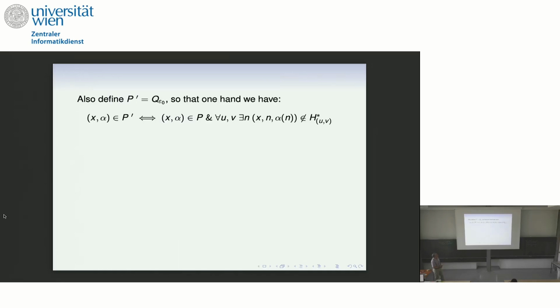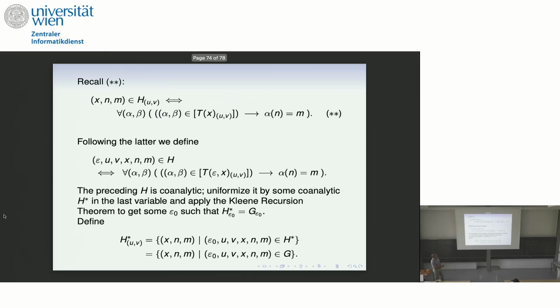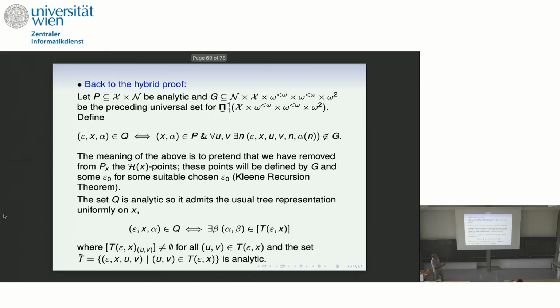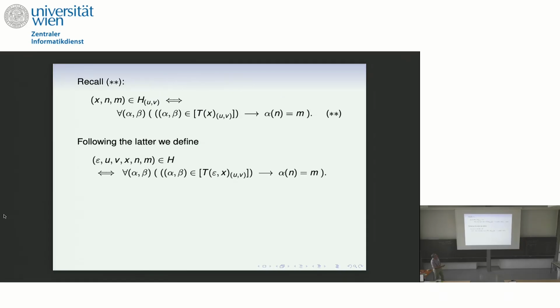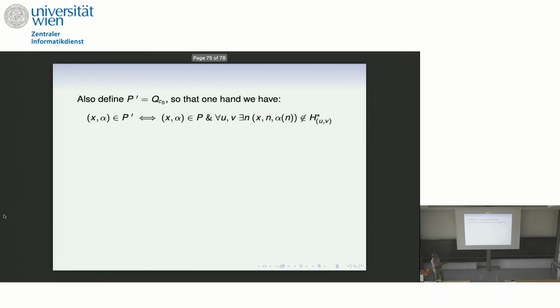If we define P prime to be the epsilon 0 section of this Q, then, you recall the Q there, I'm in P, and I removed these points that come out of G. If I plug in here epsilon 0, then actually I removed the H points. And still I have the tree representation.